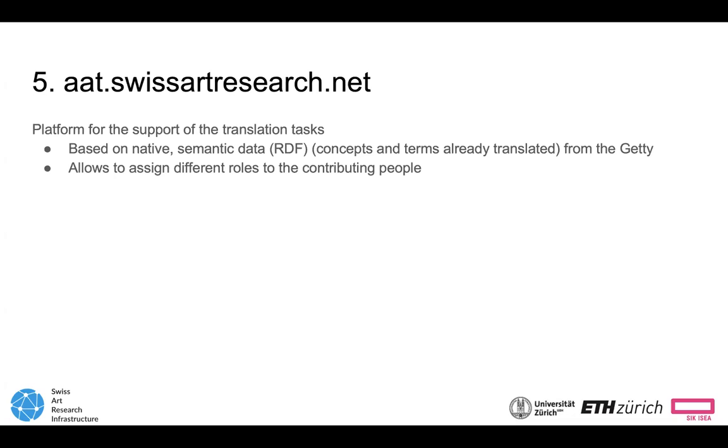It does not simply consist of translating a list of words from English to another language. In order to ensure the quality of the work, several people are involved. Of course, the translator at the beginning has the bigger part of the work because he has also to complete the terms with sources, but then other people validate what was done by the translator.